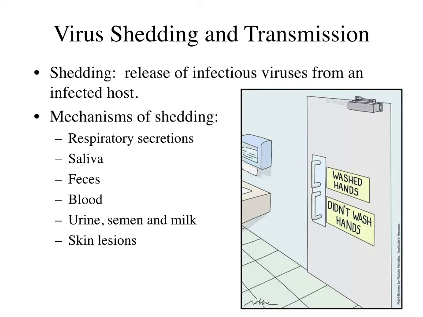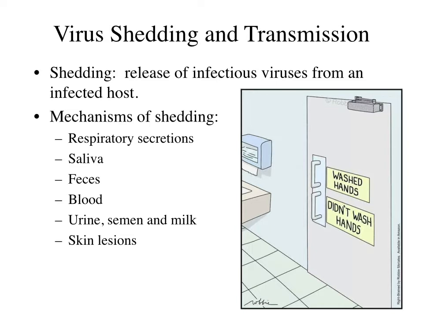Hantaviruses and arenaviruses are spread through the urine. What happens here is that rodents become persistently infected. They shed the virus in their urine, and then the virus is very resistant to environmental conditions.